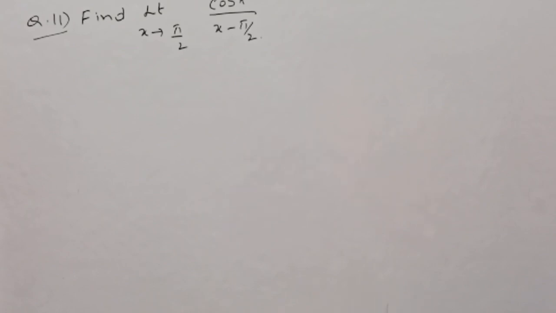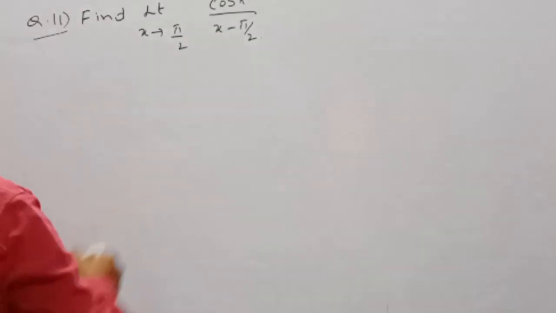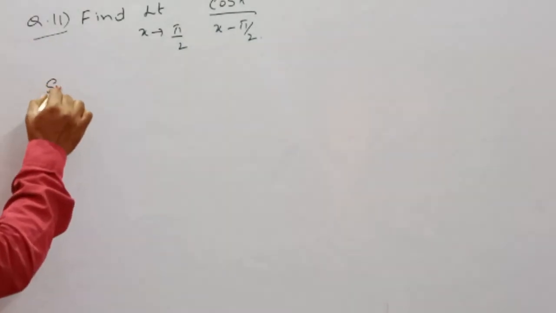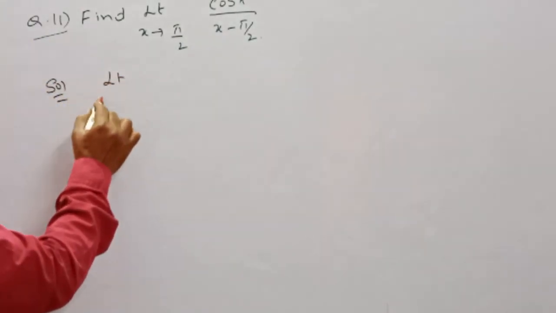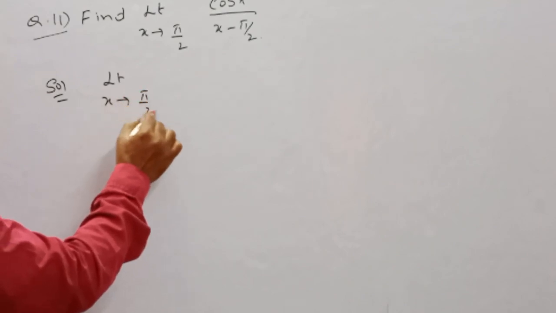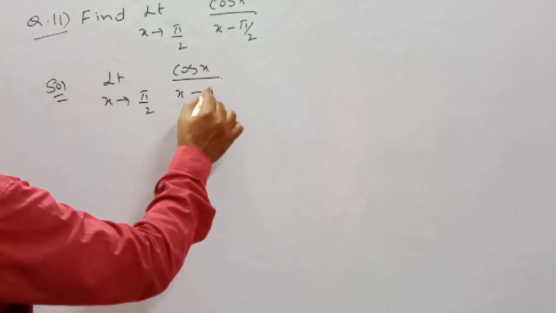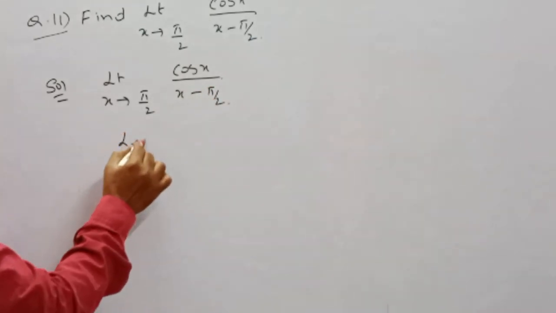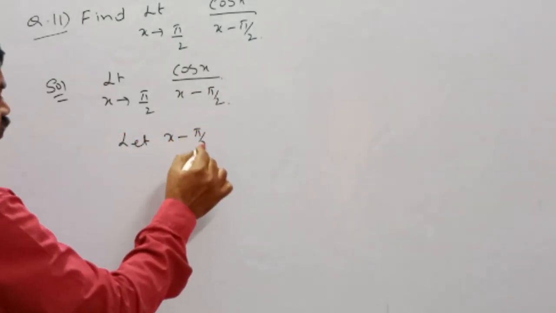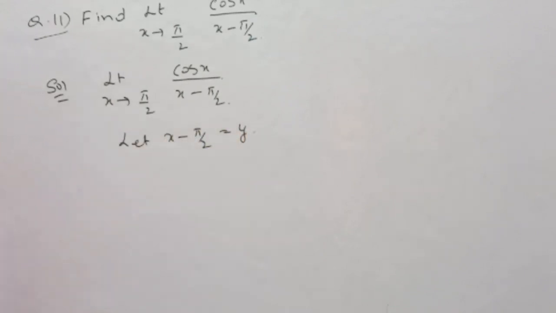We have one more problem. The limit as x tends to pi by 2 of cos x by x minus pi by 2. Let us take x minus pi by 2 equal to y.